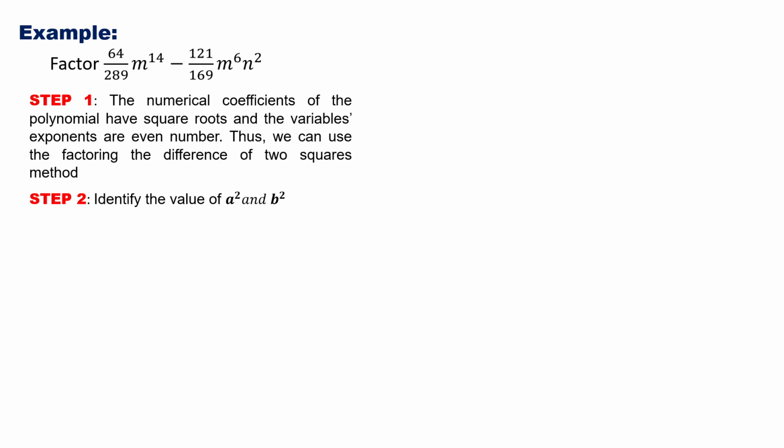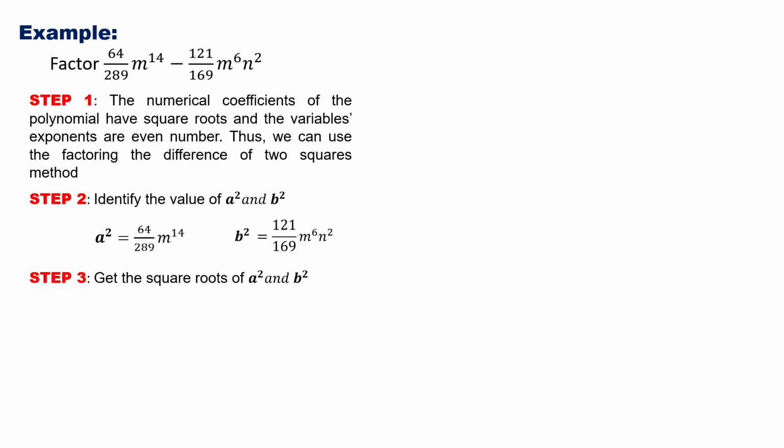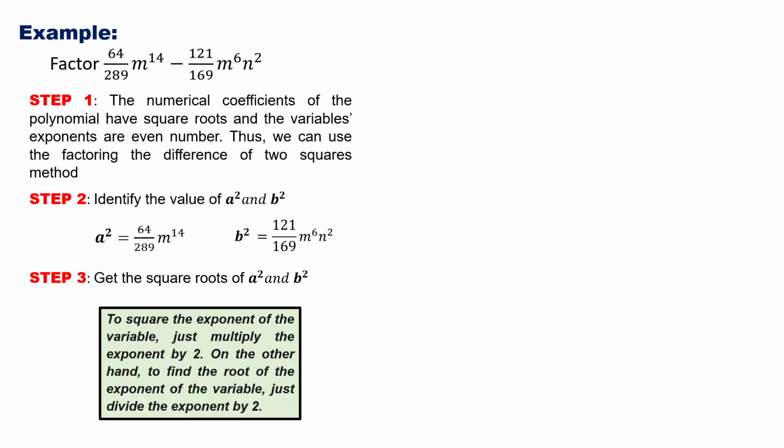Now for step 2, let us identify the values of a squared and b squared. a squared is equal to the first term, which is 64 over 289m raised to the power of 14. And our b squared is equal to 121 over 169 times m raised to the power of 6 n squared. Now let's get the square roots of both a squared and b squared.